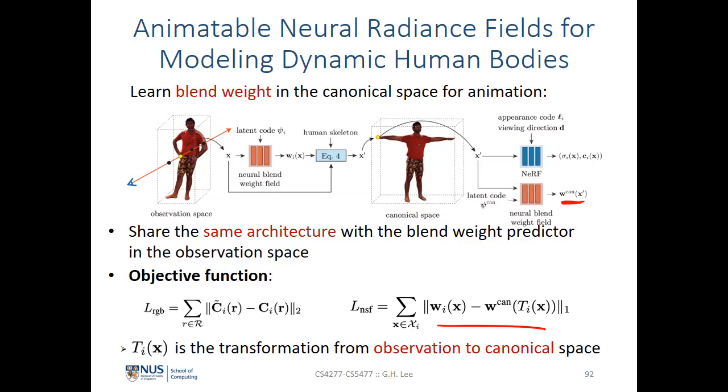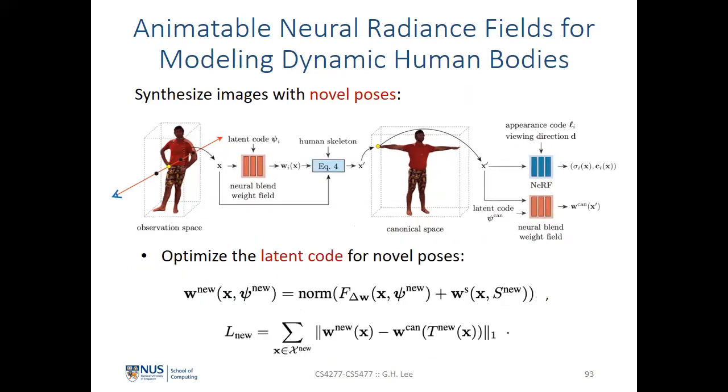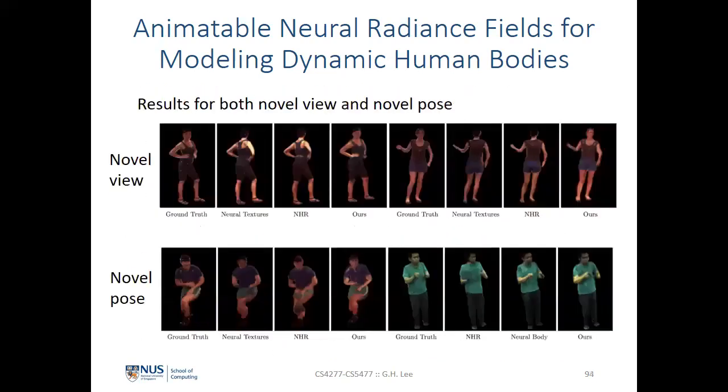So I can actually control the rendering into a different human pose. You can see that in the novel view, and you can do novel view synthesis. It can also do a novel pose. That means you can control the pose and render back to a new pose over here, which is pretty much like the round trip over here.